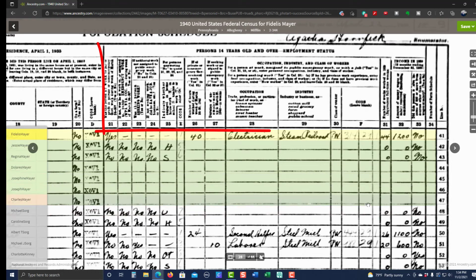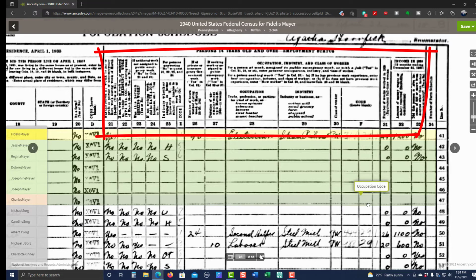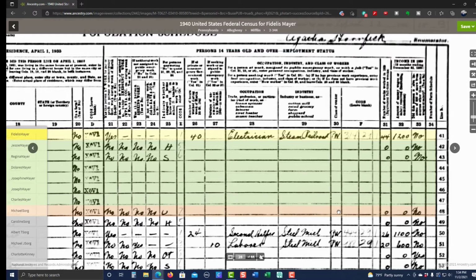It says this information is for persons 14 years old and over, and they're about their employment status. Now, in many previous censuses, they do ask for your occupation and industry, like they do right here in this one. But you can see they ask a lot more questions. And I'm sure this has something to do with the very recent Great Depression that just happened in the country.